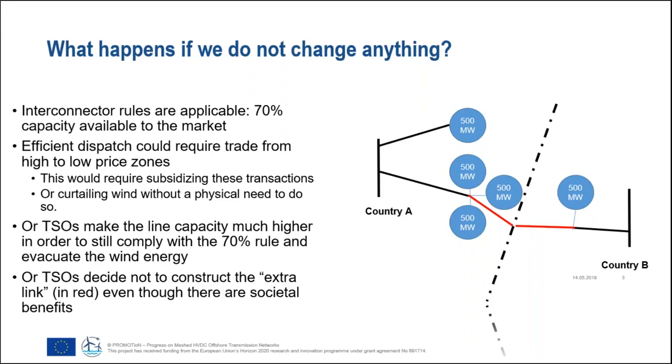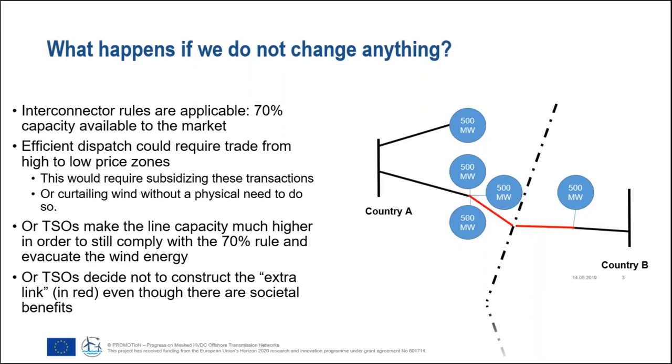What happens if we don't change anything in the current legal framework? There are rules applicable to interconnectors, so to cables from country A to country B, that say 70% of the capacity needs to be available to the markets. But the offshore wind farms connected to the cable would also want to send their electricity to the shore.